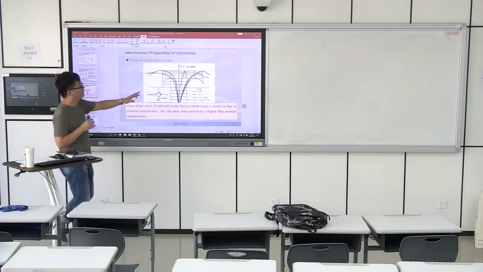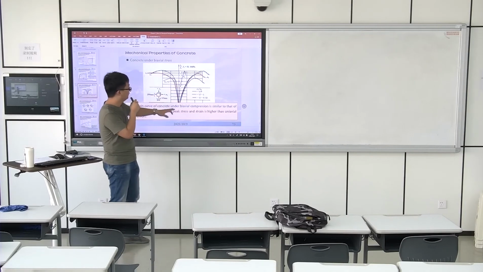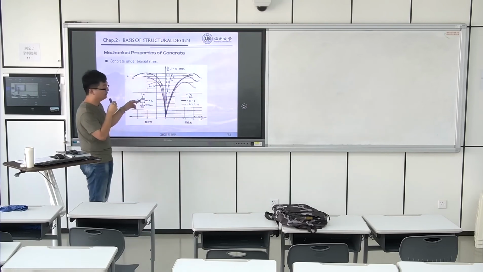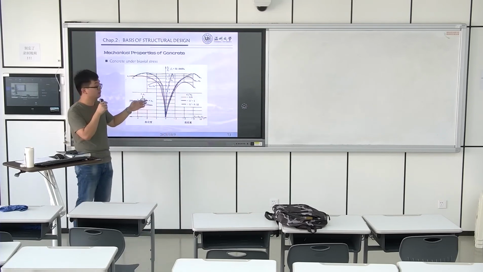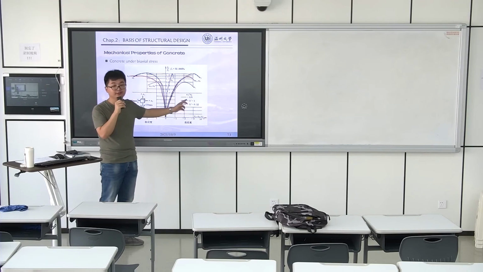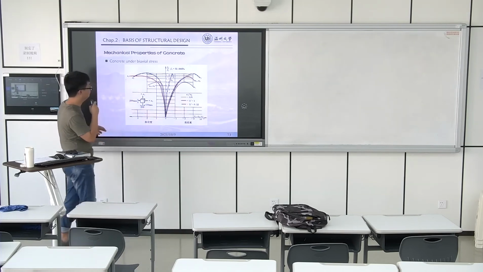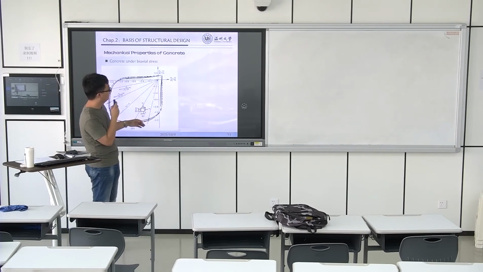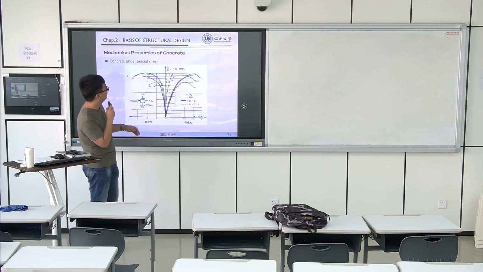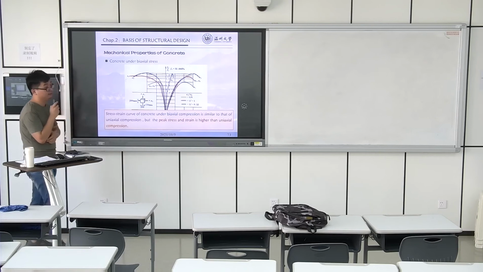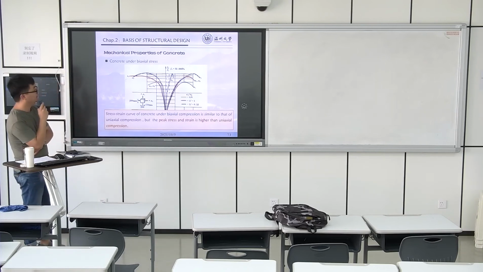And here we give the two direction load and obtain the stress-strain curves. Here is listed the stress ratio, and here the stress ratios. The stress-strain curve of concrete under biaxial compression has a similar shape, but the value is higher.